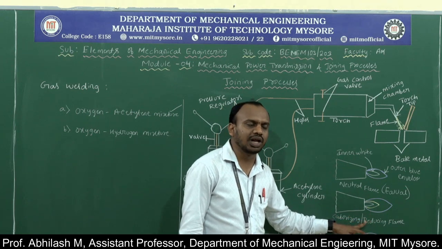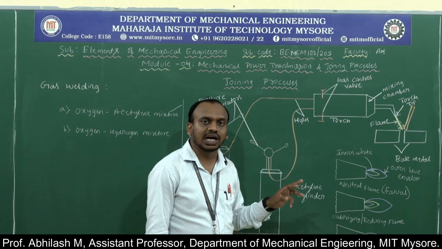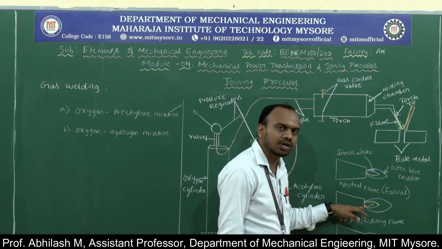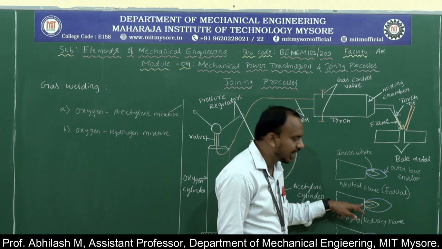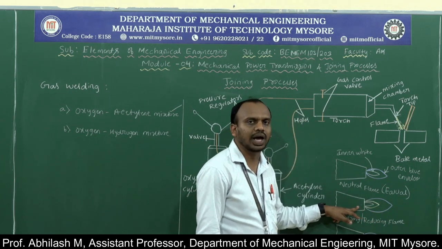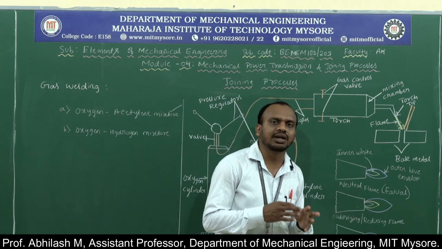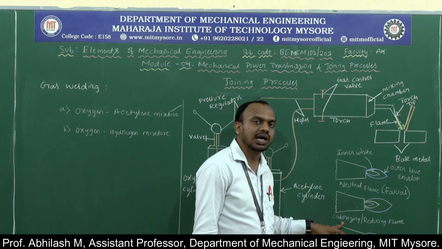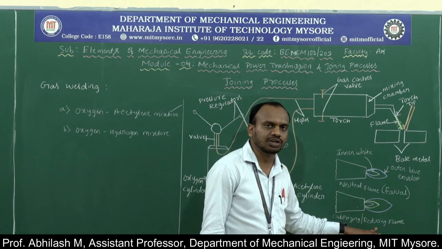This reducing flame or carburizing flame consists of three different cones: inner cone, intermediate feather cone, followed by an outer blue envelope. So there are three different cones with respect to the carburizing or reducing flame.